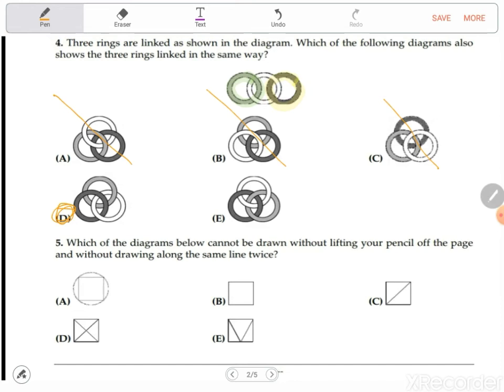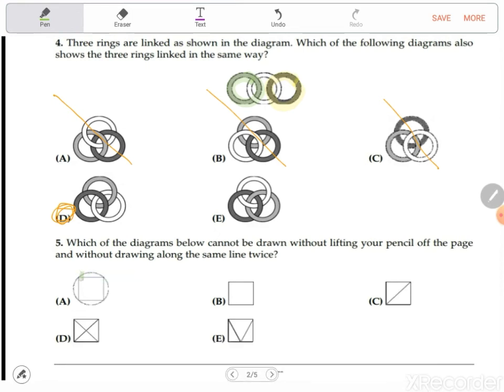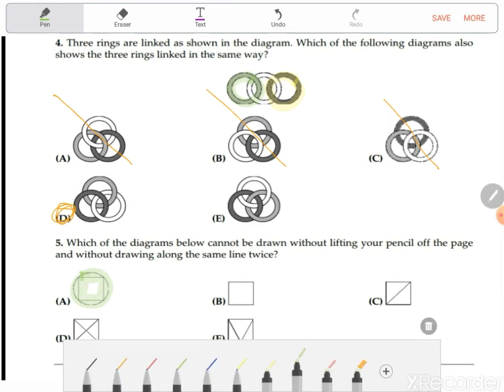Question number 5 says, which of the diagrams below cannot be drawn without lifting your pencil off the page and without drawing along the same line twice? Now let's use highlighters for this. If we want to draw a circle and a square, we will start like this, right? Like this, and then we can easily complete the square without repetition of lines, without crossing lines, and without lifting our pencil.